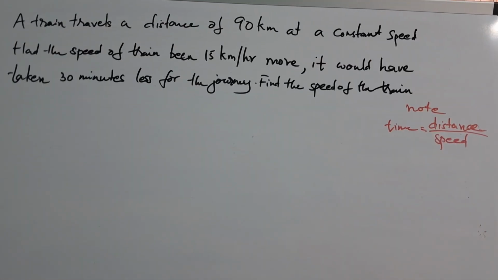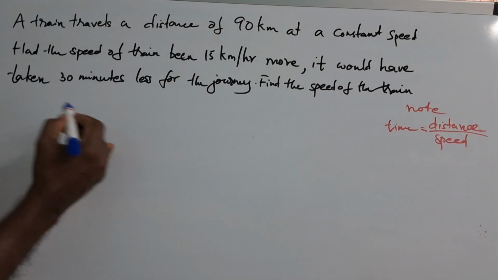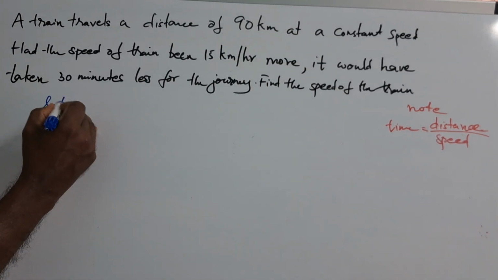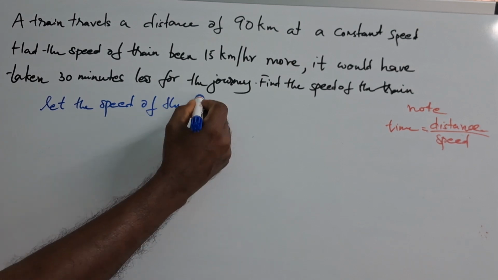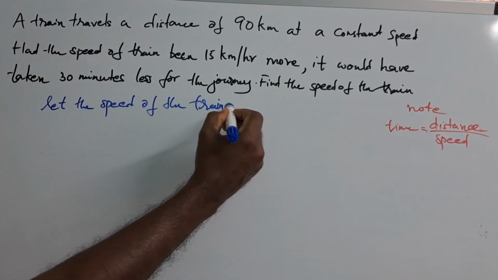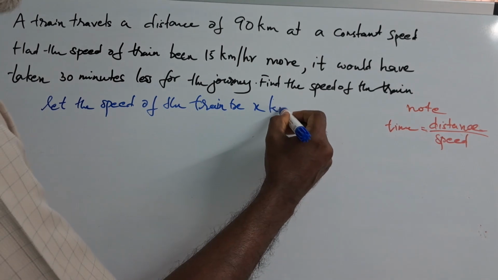Okay, let's discuss another question. A train travels a distance of 90 km at a constant speed. Had the speed of the train been 15 km per hour more, it would have taken 30 minutes less for the journey. Find the speed of the train. Let the speed of the train be x kilometer per hour.